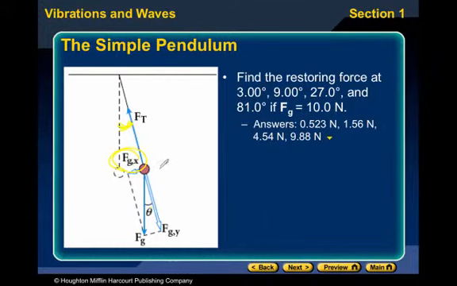So, okay, let's look at this. So you would want to use tangent, cosine, sine, which one? We want to find this right here. Okay, here's our right angle, right? So here's the FGX also. And FGX is equal to our restoring force.